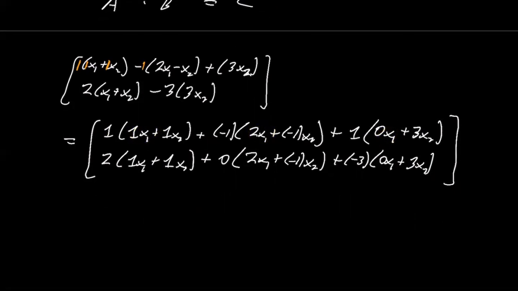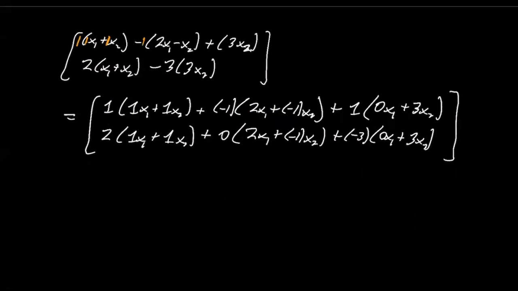And so we can trace the math here, to see where the formulas come from. Because if we rewrite this expression, we're going to have 1 times 1 from this x1, a -1 times 2, and a 1 times 0.